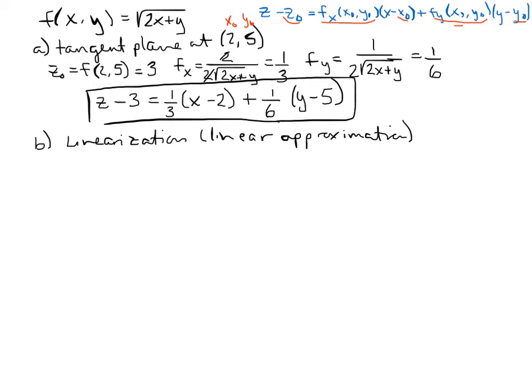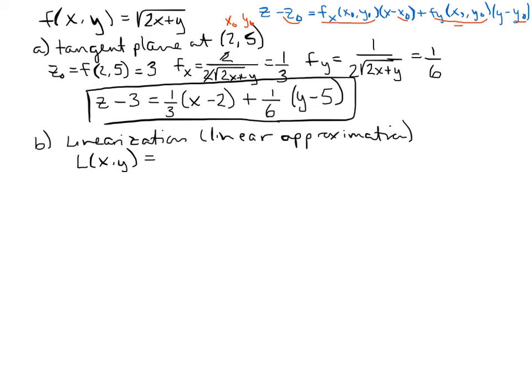Now, because we're approximating the z-value, that linearization is just this z-value when we use the tangent plane. So all we need to do to find the linearization is move that -3 over to the other side, and we're done. The linearization, this is going to approximate any value at x and y.